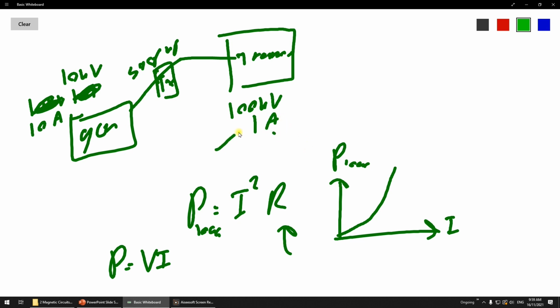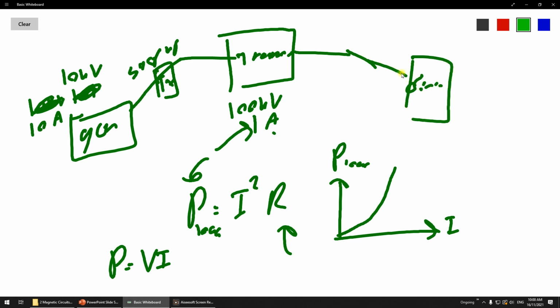So basically you reduce the current, you reduce the power loss. But the voltage is very high, so you cannot use it in distribution. So at distribution you reduce the voltage back to a much lower level, for example 100 ampere and 1 kilovolt, something like that.